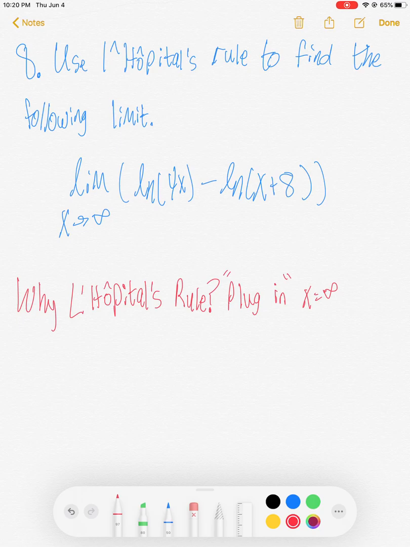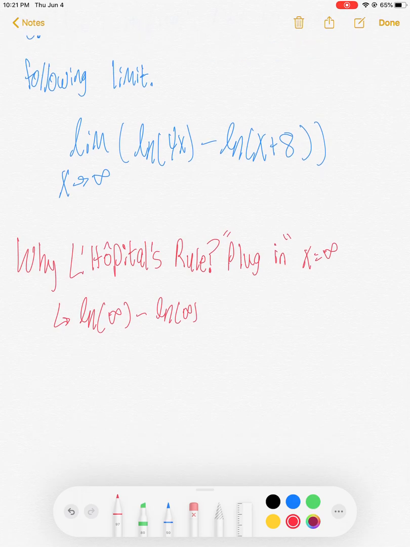If we plug in x equals infinity, I know that we technically can't plug in infinity, but you know what I mean here, I think. Then this comes out to ln of infinity minus ln of infinity.